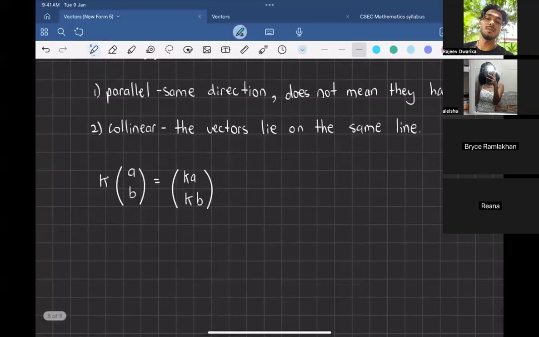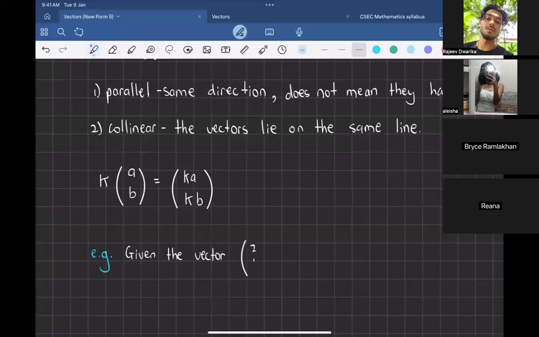Let me give you an example. Alicia, give me a vector. 6, 3. Right? I should have used a smaller vector. Let me just say 2, 1.